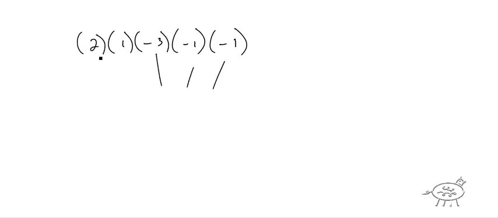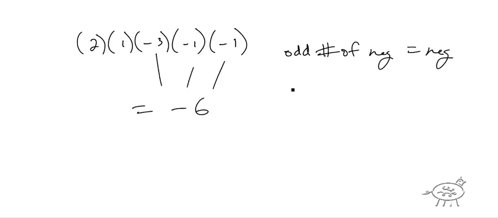Just think about it: 2 times 1 is 2, times negative 3 is negative 6, times negative 1 is positive 6, times negative 1 is back to negative 6. So don't get thrown off by that. If it's an odd number of negatives, then it stays negative. And if it's an even number of negatives, then it goes to positive. Pretty straightforward, I think.